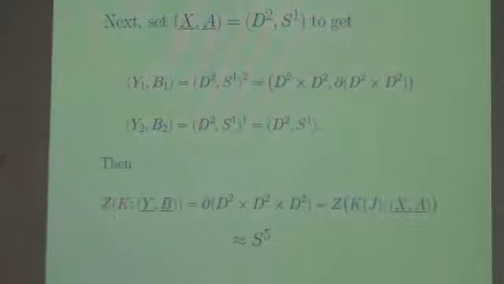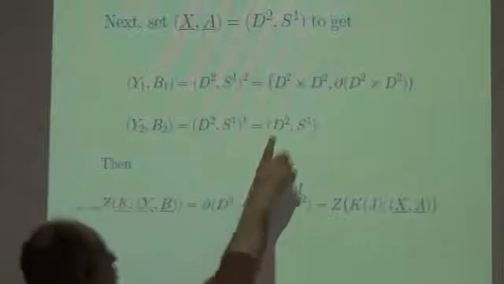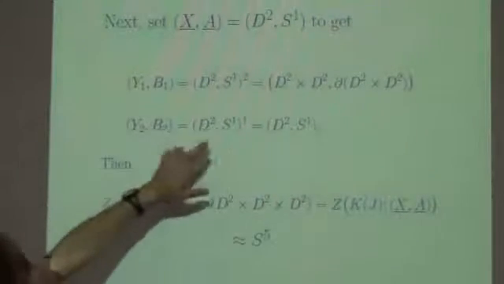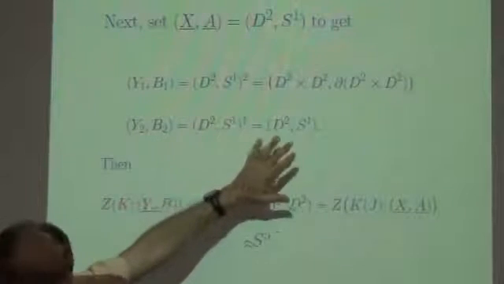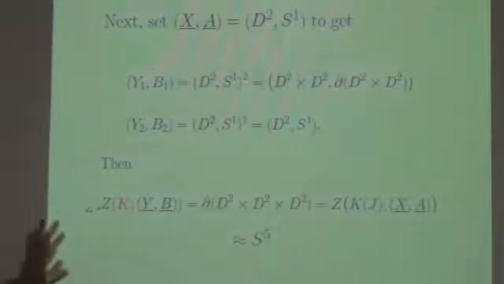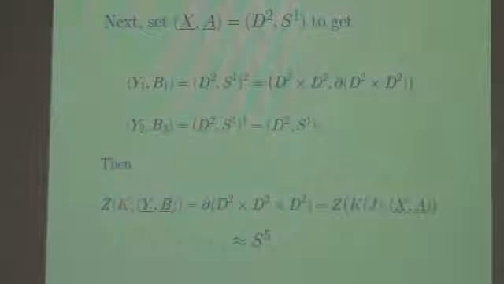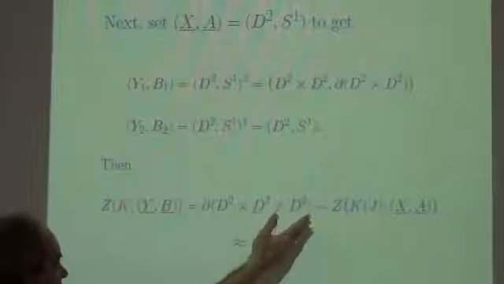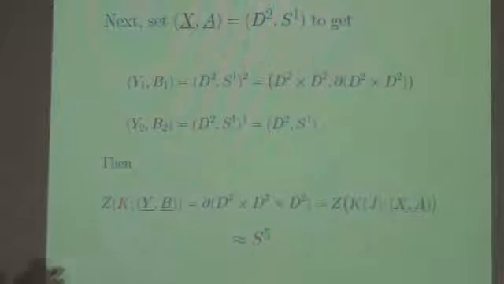But I don't want to call it the 4-disk. It's very important that it's D2 cross D2. And then for the next one, J is 1, so I just raise it to the first power. And so what do I get here? I get that this is the boundary of this 6-disk, which is the 5-sphere. Now the important point here: it's not a secret that we can construct the 5-sphere as a polyhedral product.